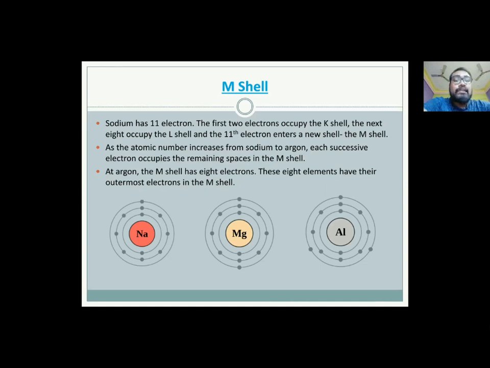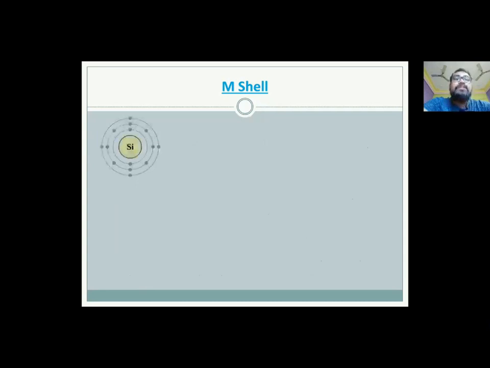So for sodium the electronic configuration is 2,8,1. For magnesium the electronic configuration is 2,8,2, and for aluminum the electronic configuration is 2,8,3. Next we have silicon, then phosphorus, and then sulfur.